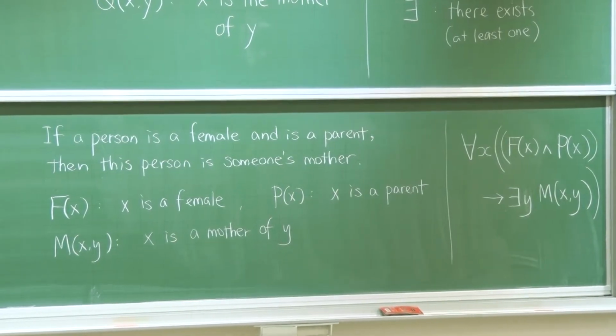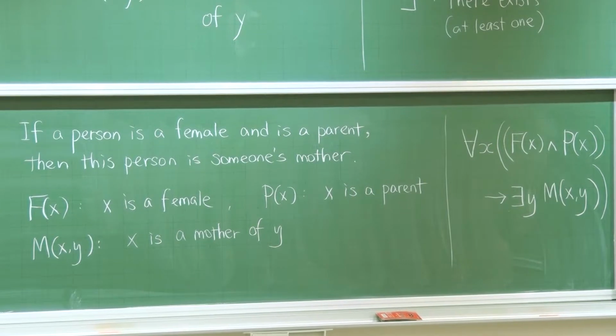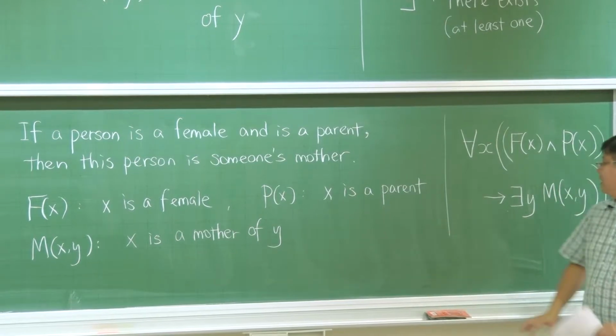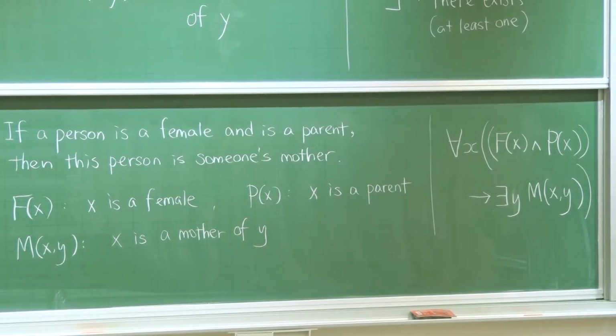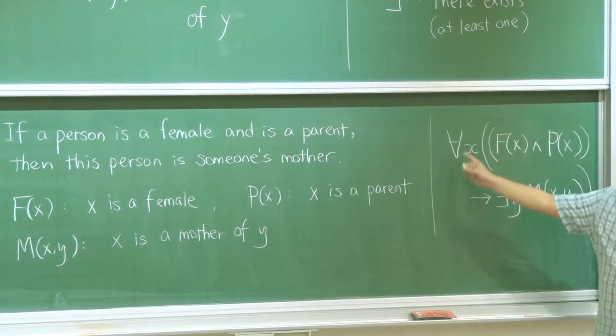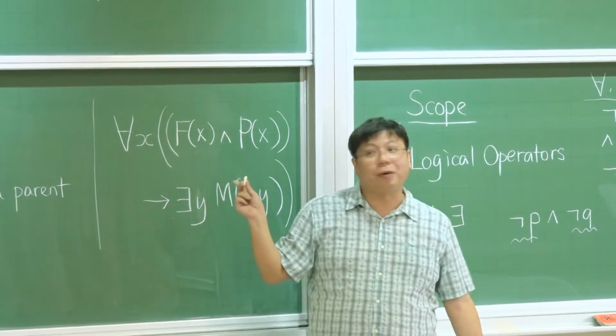You write down things in the same way as we speak. But notice that this is something that I also want to introduce to you. This is not the only way of writing this. So this is correct. I believe this is correct.